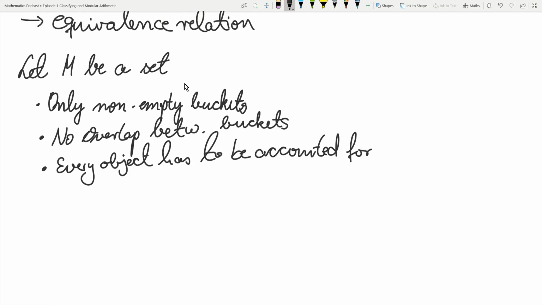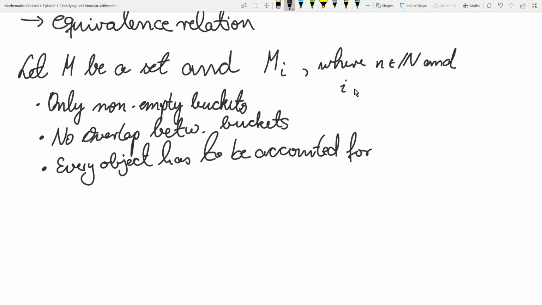A bucket would be a subset. And we will call these buckets Mi, where n is a natural number and i ranges somewhere between 1 and n.